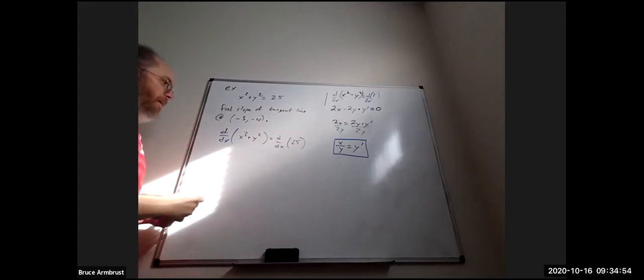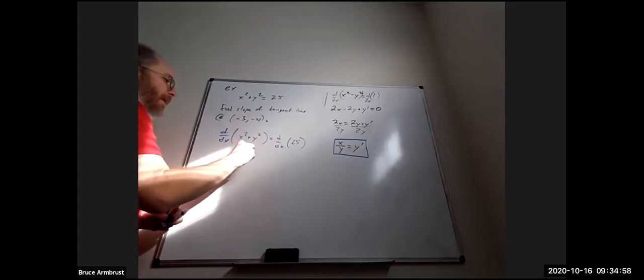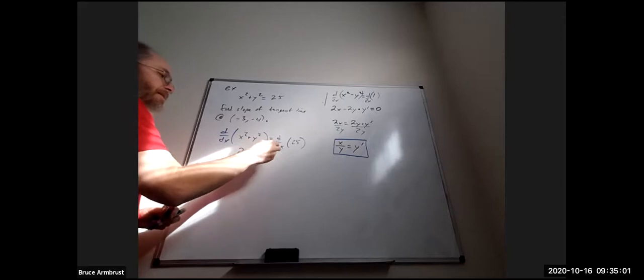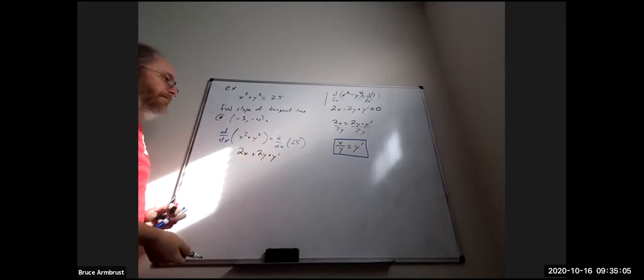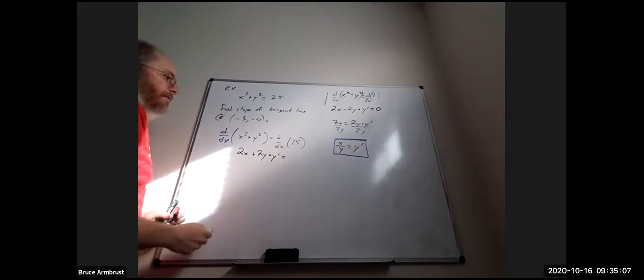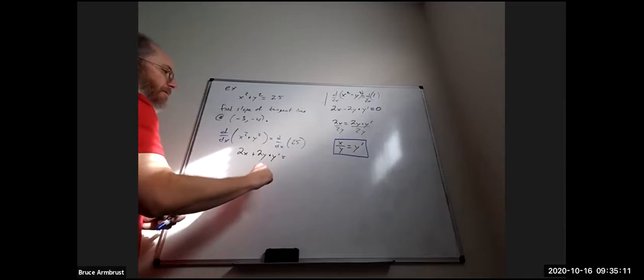All right, so x squared gives us a 2x. The y squared, we're going to get 2y, but the chain rule says multiply by y prime. On the other side, the derivative of 25 is 0.